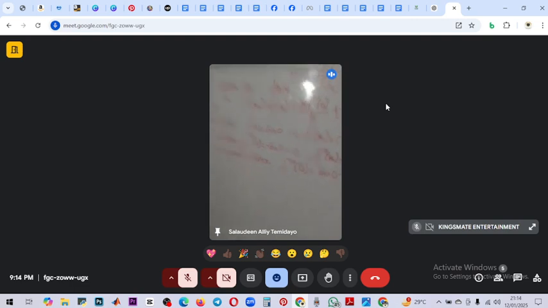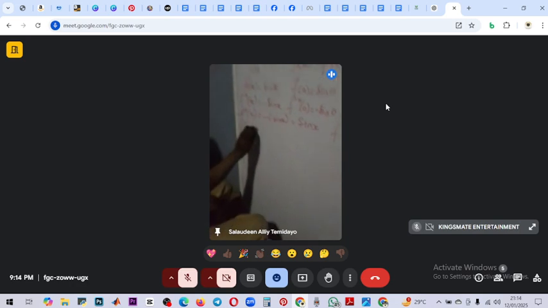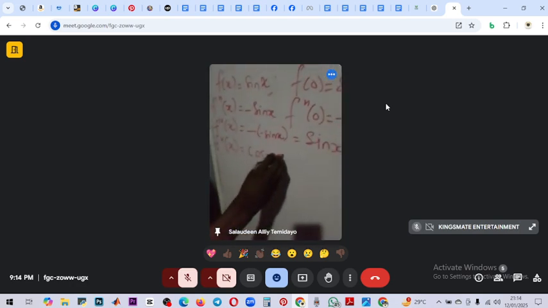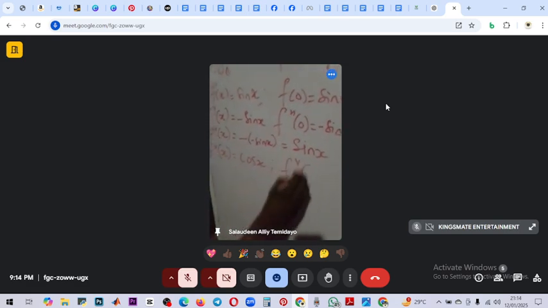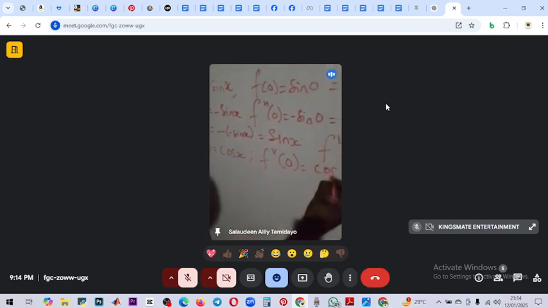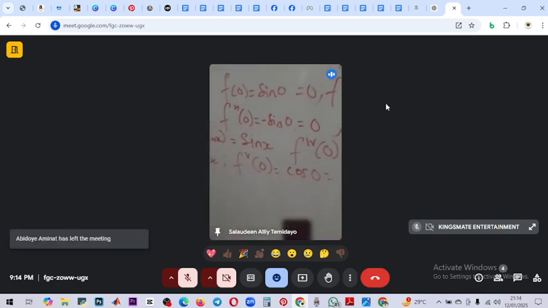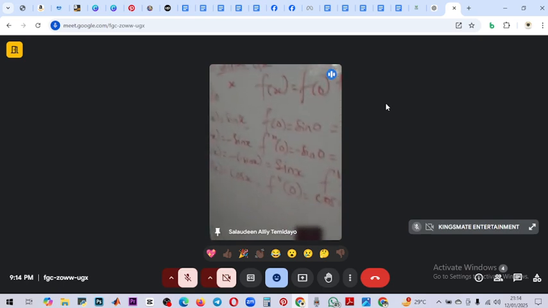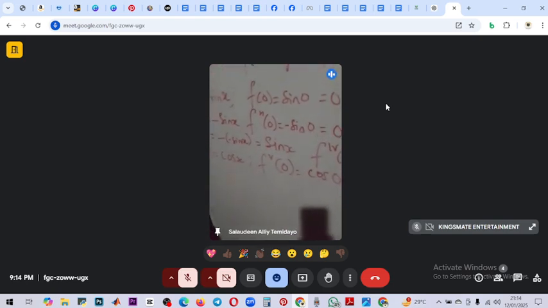Let's stop at the fifth one. f5 of x is going to be the derivative of sine x, which is cosine x. So the fifth derivative of 0 is going to be cosine 0, which is 1. We are able to get it to the fifth derivative.